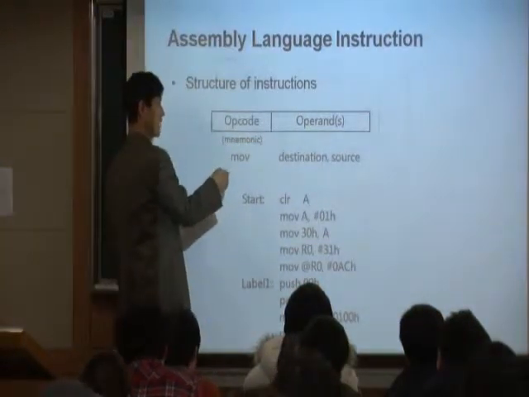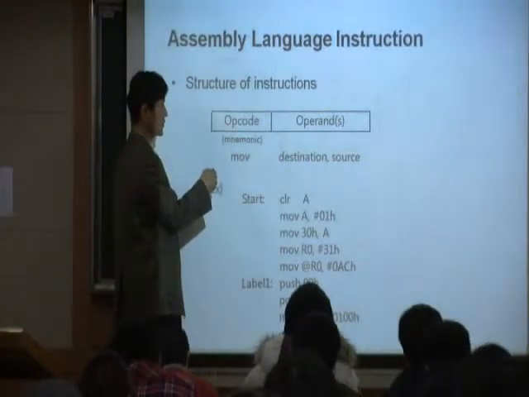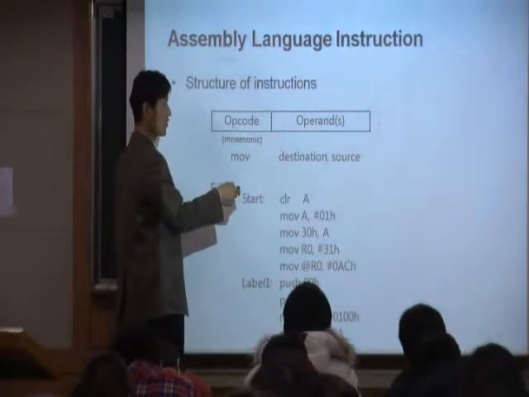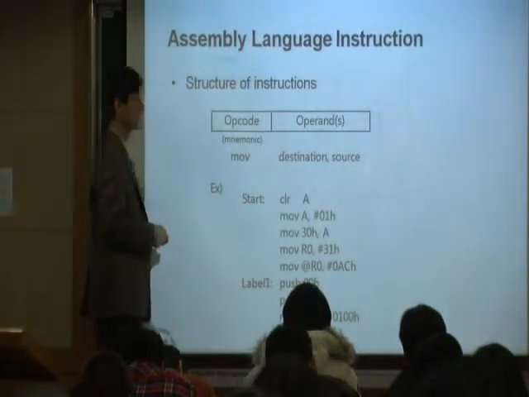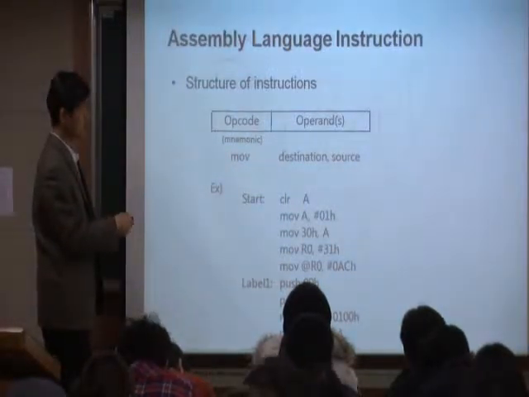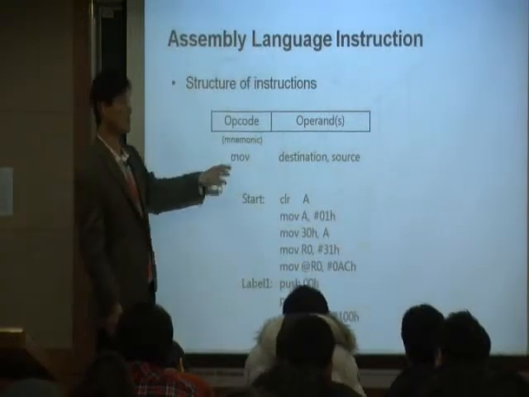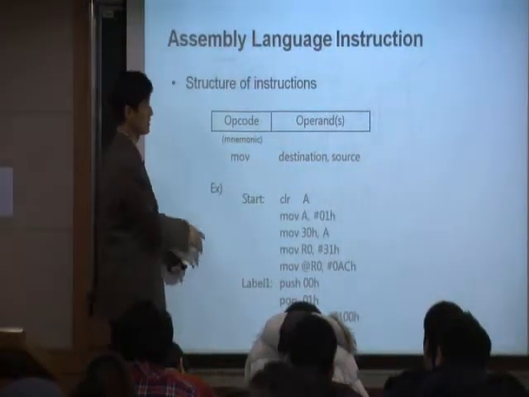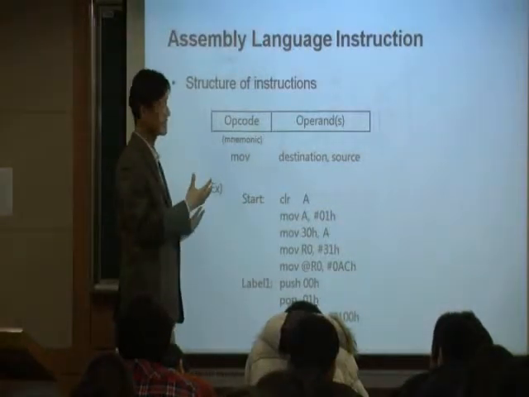Instruction consists of OP code, or operation code, and operand, or operands if you have multiples. Let's see an example. MOV is one of the OP codes. There are many other instructions, but MOV is one of them. A simple instruction, probably the most popular. We use it frequently.